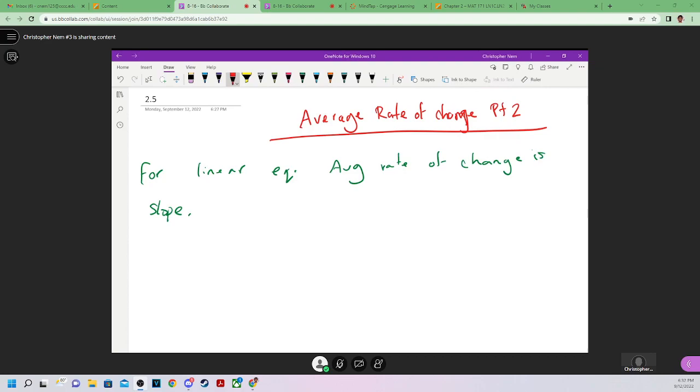But when I say for a linear equation it is the slope, that means we can say slope is equal to y2 minus y1 over x2 minus x1. And you can alternatively write this, if we're not using a's and b's and using x1 and x2, as x2 minus x1 over the outputs of these values.